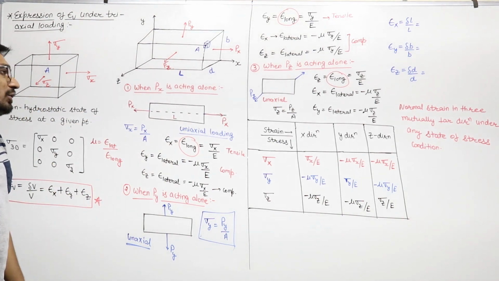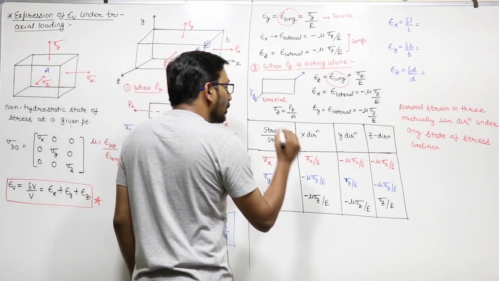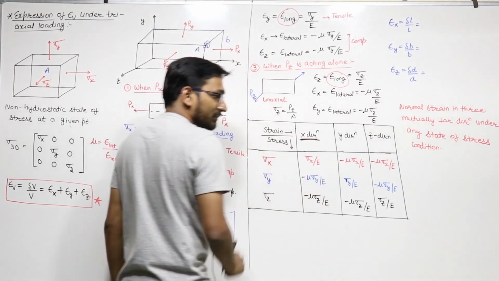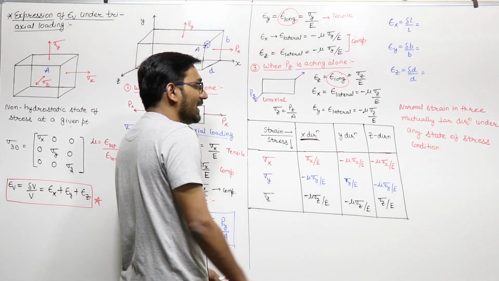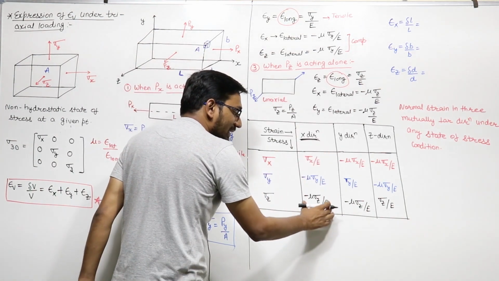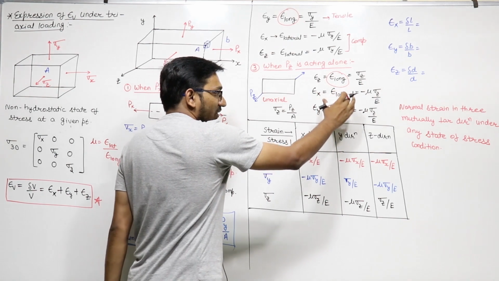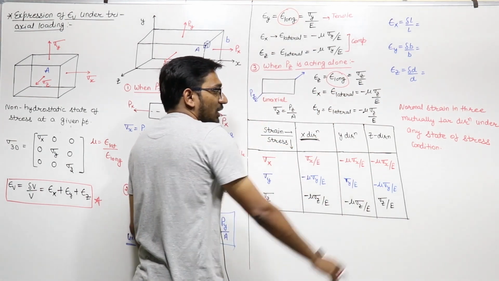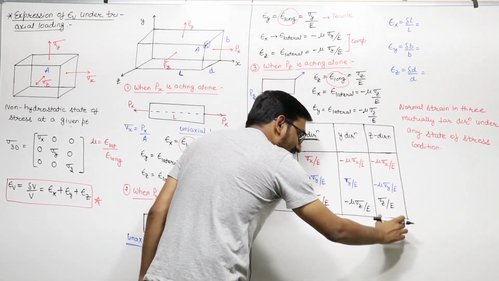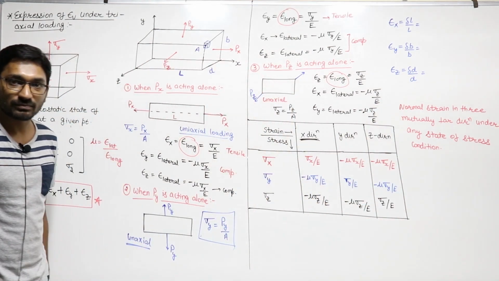Now if I want to know the total strain in x direction, the total strain in x direction will be the summation of all these three. The total strain in y direction will be the summation of these three. The total strain in z direction will be the summation of these three.